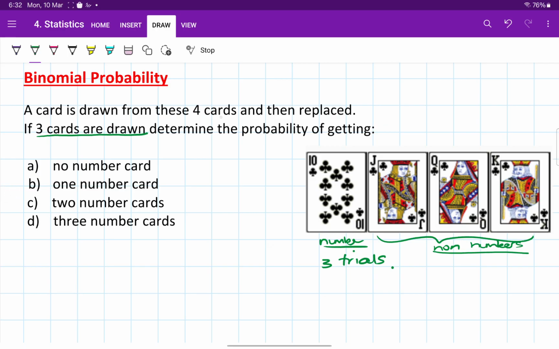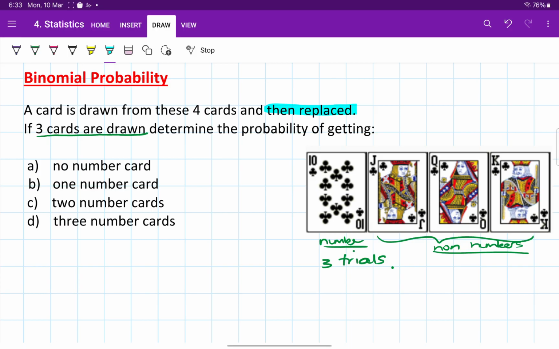And then replace. So when we draw a card, here's the key thing: draw a card and then it's replaced. So every time we draw a card, you'll still have the same 4 cards there, as opposed to what we looked at where there was no replacement. All right, so if we go through determining if it's binomial probability, they are complementary outcomes, number or non-number.